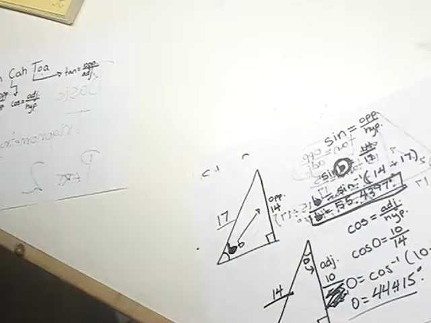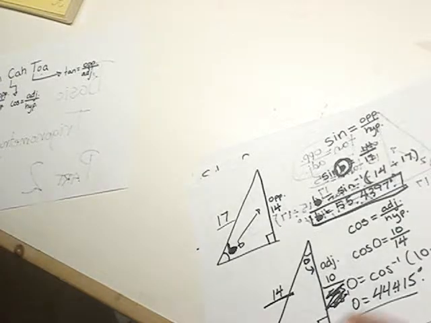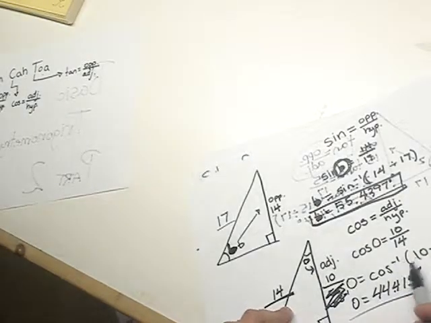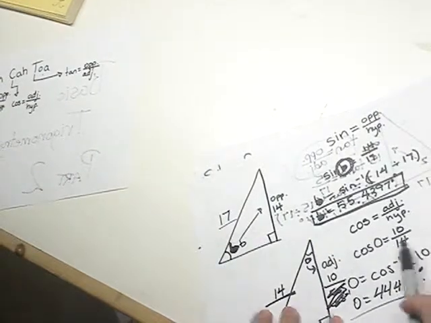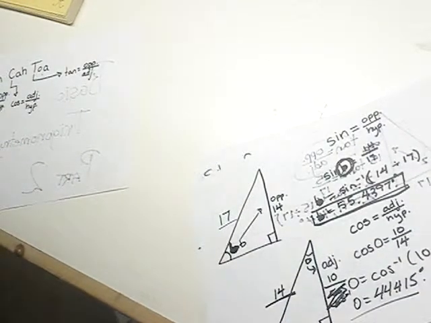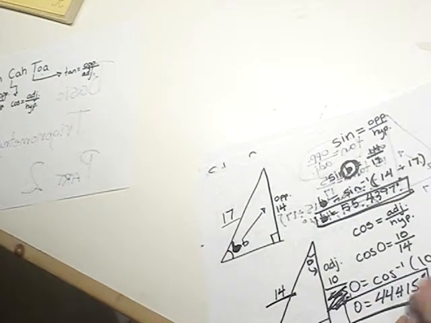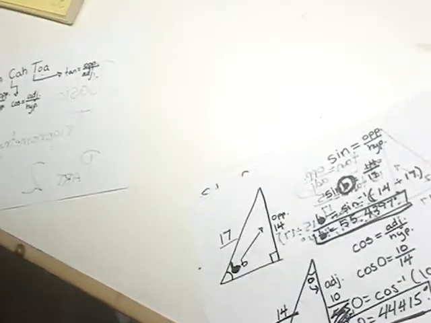Okay? So that's why I just wrote O. Just like in algebra, things cancel each other out. So the reverse cosine of cosine cancels itself out. So the reverse cosine of 10 divided by 14, because 10 over 14 is the same as 10 divided by 14, gives us the degree of that angle right there, 44.415.